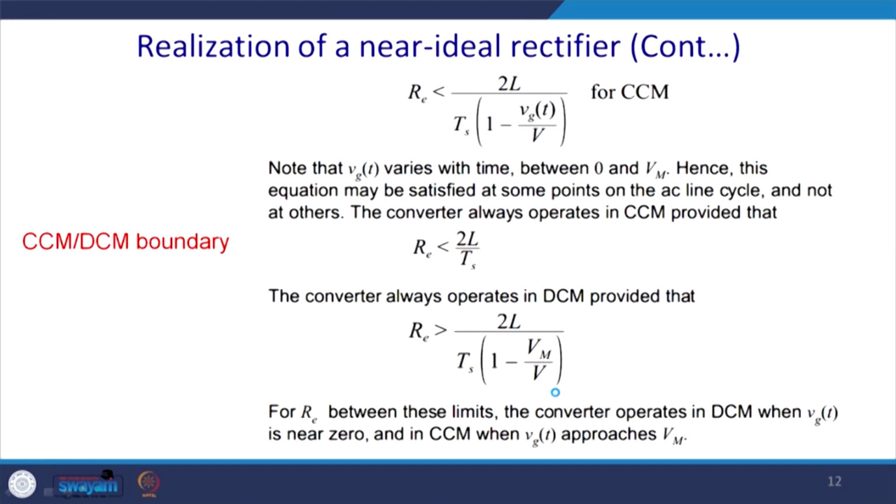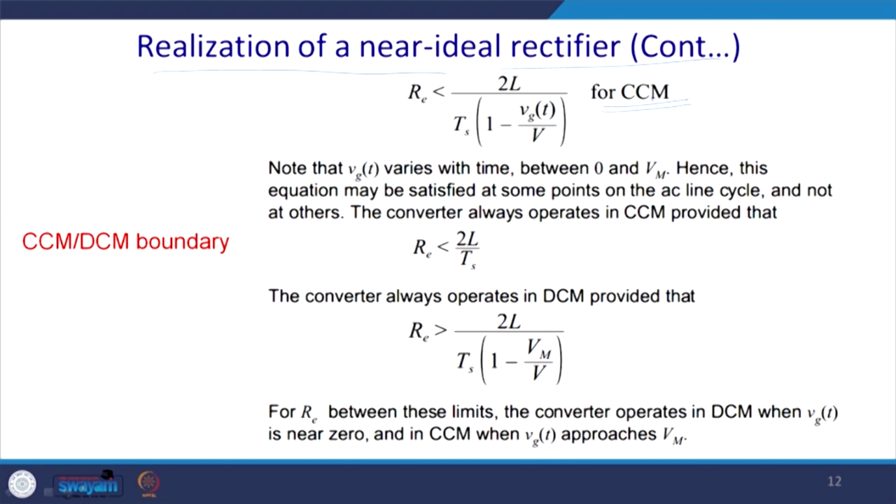So, we are now going to discuss realizations of a near ideal rectifier. Re is 2L by Ts, what we got: 1 minus Vg by V for the CCM mode.